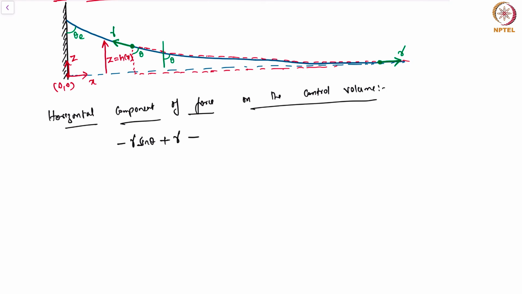And then I also need to take into account that there is a constant pressure P naught on top. I want the projection of this pressure from the top in the horizontal direction.